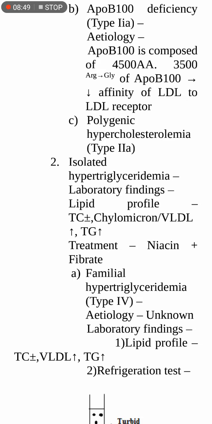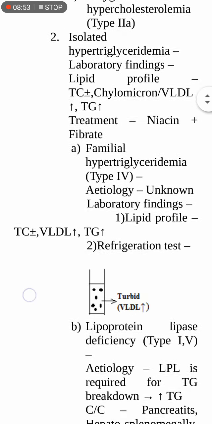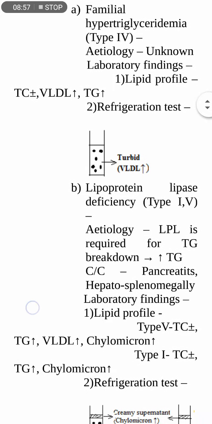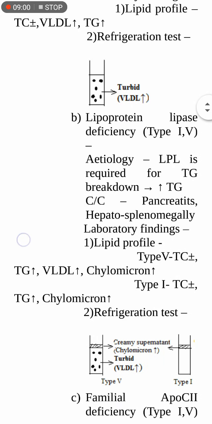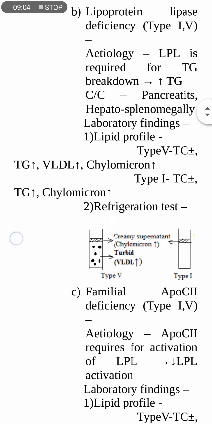Isolated hypertriglyceridemia may be of familial origin, or due to lipoprotein lipase deficiency, or familial ApoC2 deficiency.